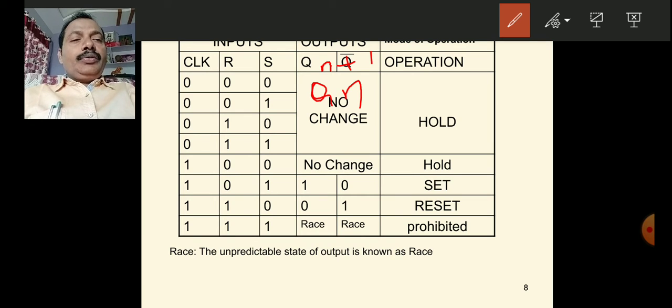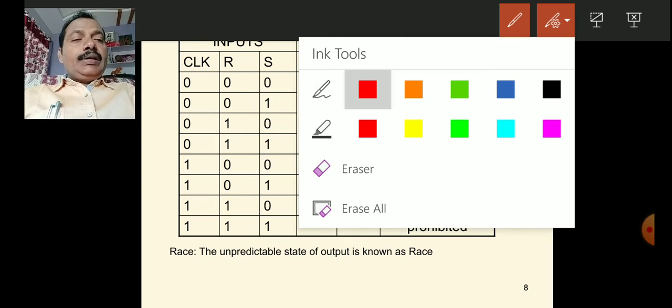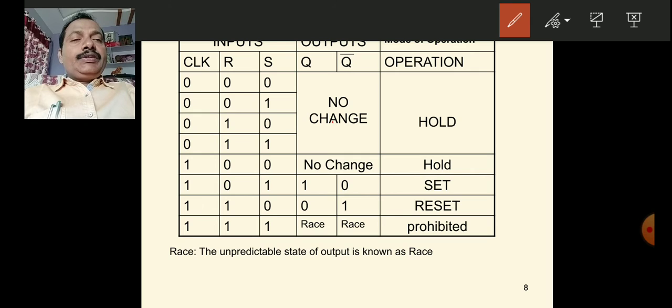Here also Qn. Here also you have to write Qn. That's all. Sometimes in some of the books, instead of that, here Qn is noted down. The current state is shown as Qn.